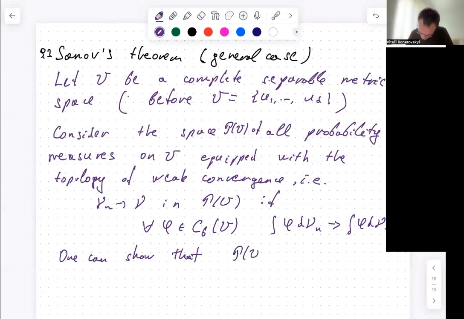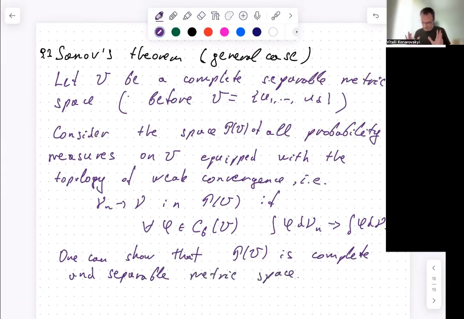More precisely, one can introduce some metric on this space such that the convergence in that metric coincides with weak convergence, and the space with respect to that metric is a complete and separable metric space.